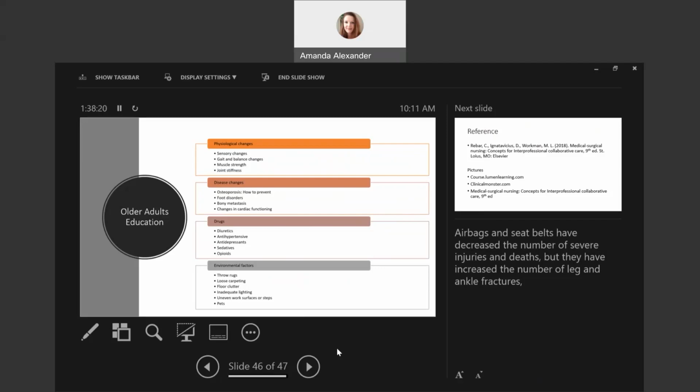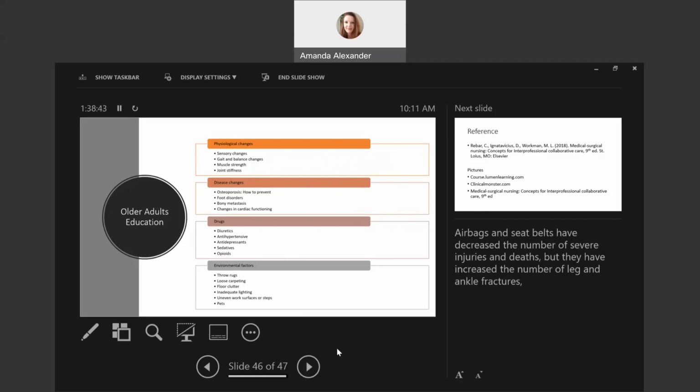Disease changes, if they have osteoporosis, you're looking at how to educate them on prevention. You might want to advise them not to smoke cigarettes, drink too much caffeine, or drink alcohol. All of these things can lead to osteoporosis.